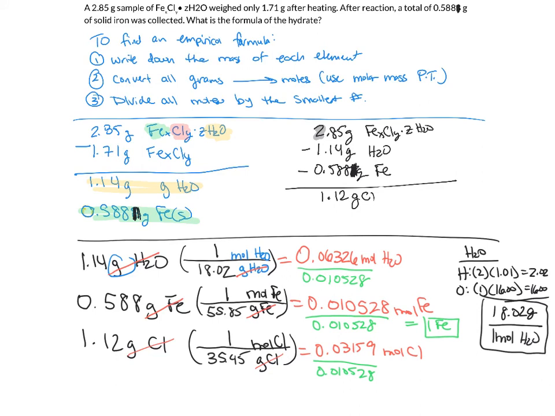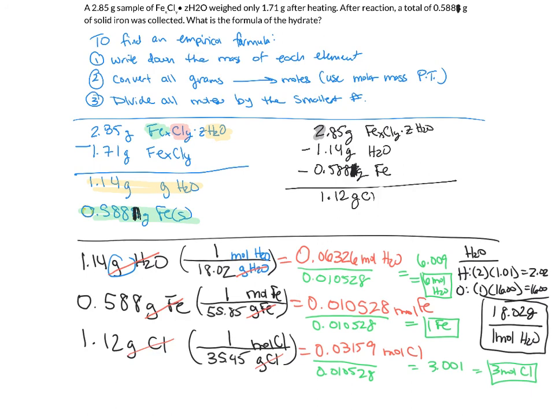For water, take 0.06326 divided by 0.010528, and I end up with 6.009, which rounds to 6 moles of water. And then lastly for chlorine, 0.03159 divided by 0.010528, and I end up with 3.001, which rounds to 3 moles of chlorine.